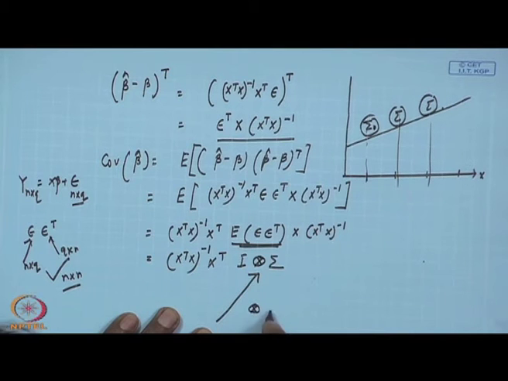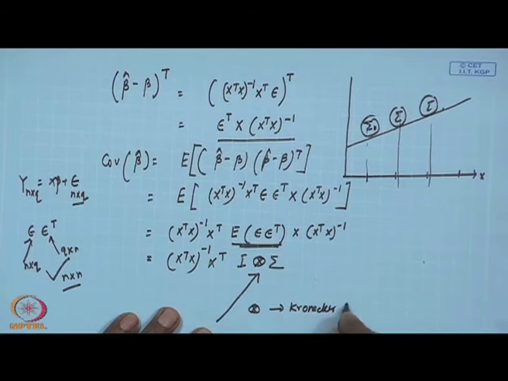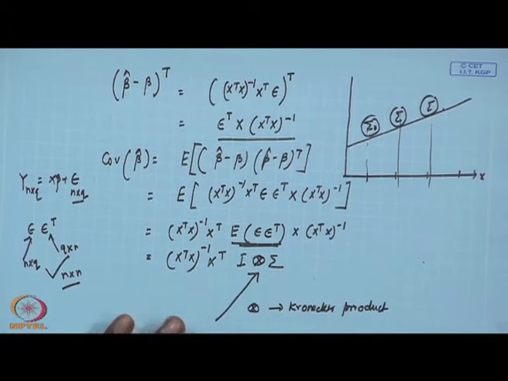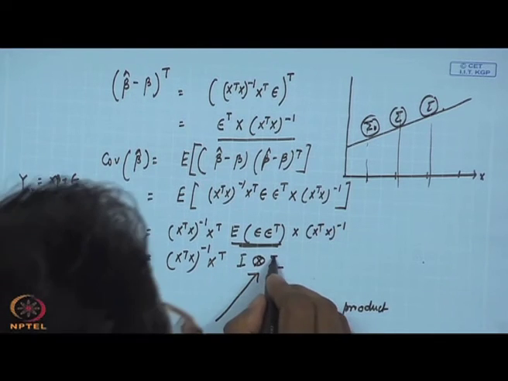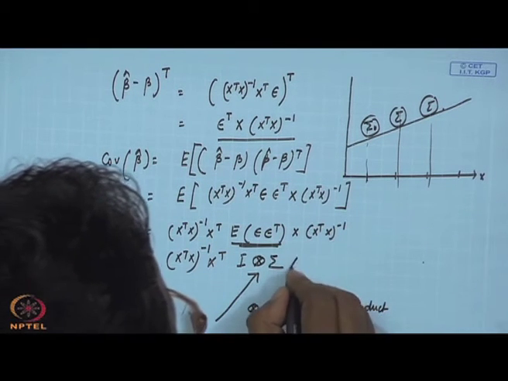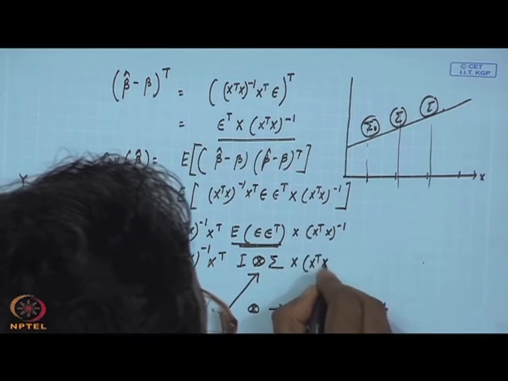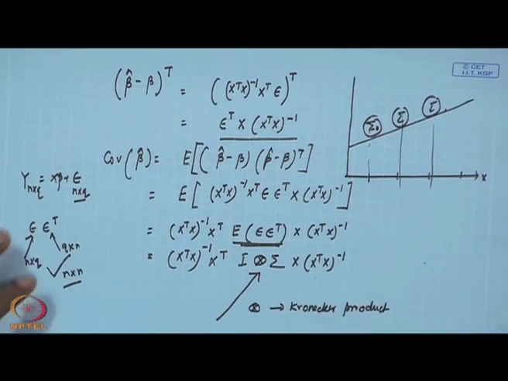This symbol is known as the Kronecker product. So, into x, x transpose x inverse, this will be the case.